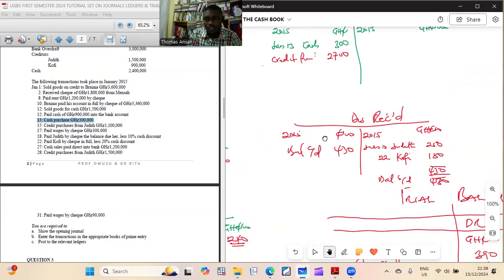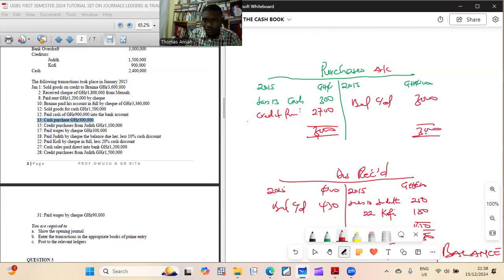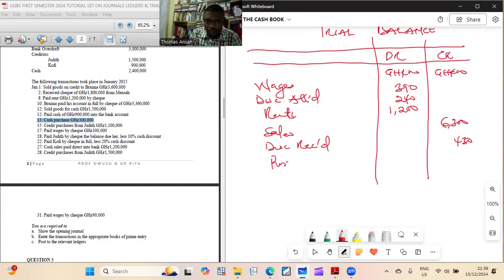Then what account is here? Purchases account. 3,000, right? So balance carried down 3,000. Balance brought down 3,000. So purchases 3,000.